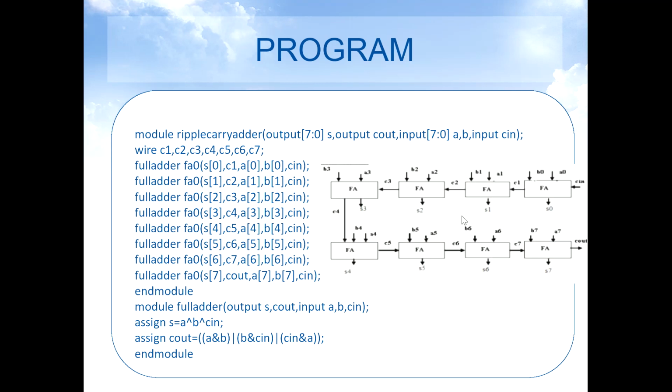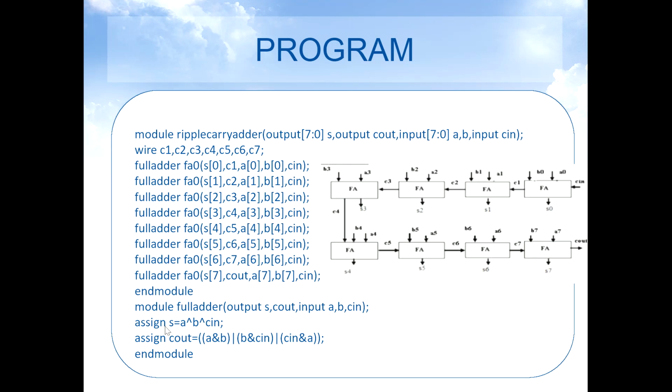Since we have used full adders, here we have mentioned the inputs and output of each full adder. For the first full adder, Cin is the input, A0 and B0 are the inputs that we have also written here, S0 is the output that we have given, and C1 is the output. Similarly, we have mentioned this for all the full adders.